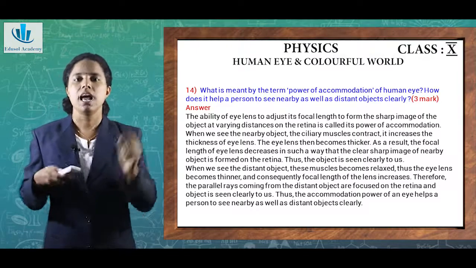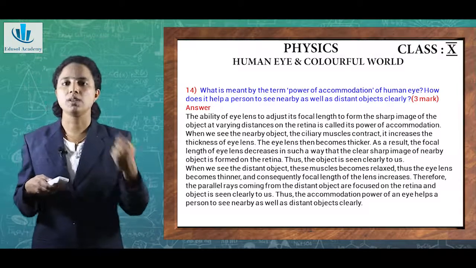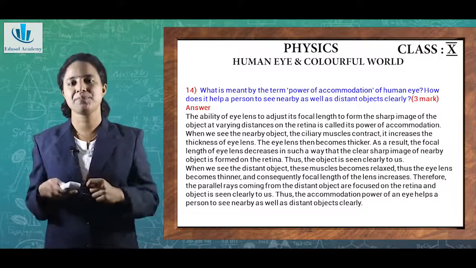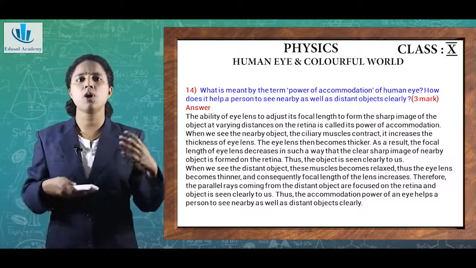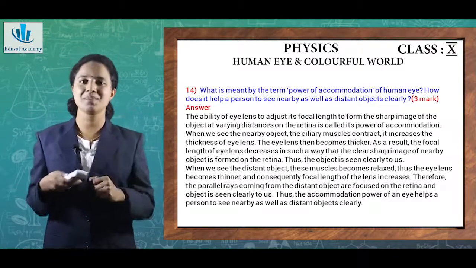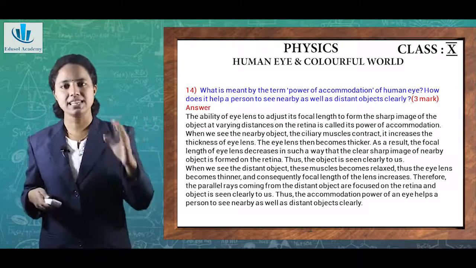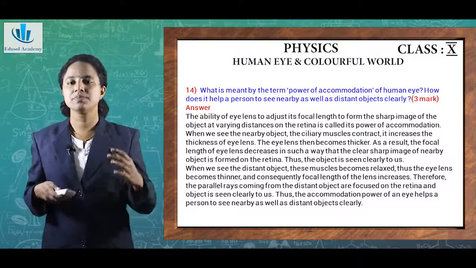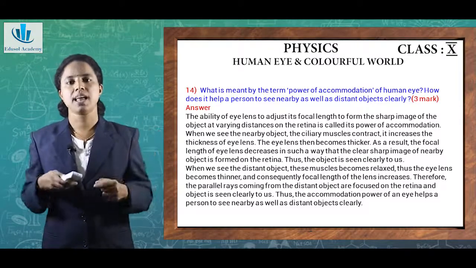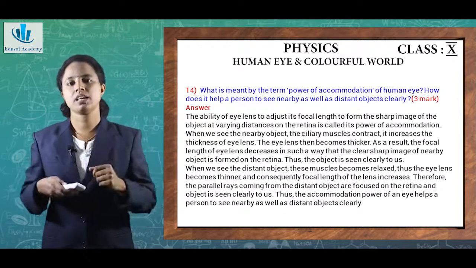As a result, a clear and sharp image of the nearby object is formed on the light sensitive screen of the eye, that is the retina. And when we see objects which are distant, what happens to the ciliary muscles? These ciliary muscles become relaxed and thus the eye lens, or the convex lens of our eye, will become thinner and consequently the focal length of the lens will increase.